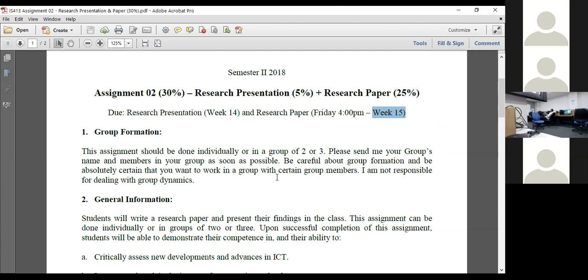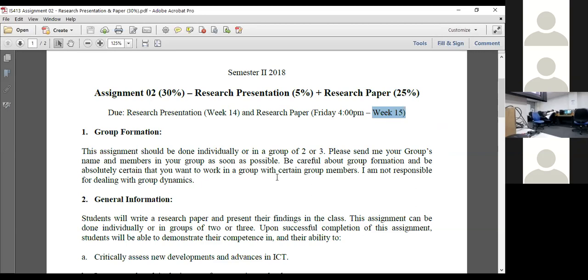You can write the research paper individually, or you can do it in groups of 2, or in groups of 3. Maximum 3, minimum 1. Okay? You can decide amongst yourselves.